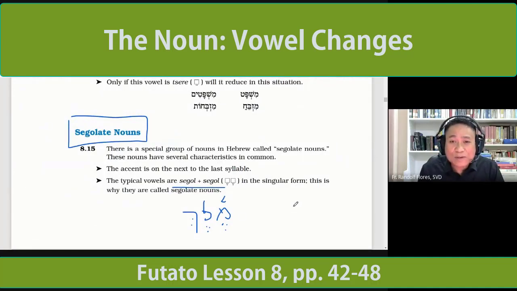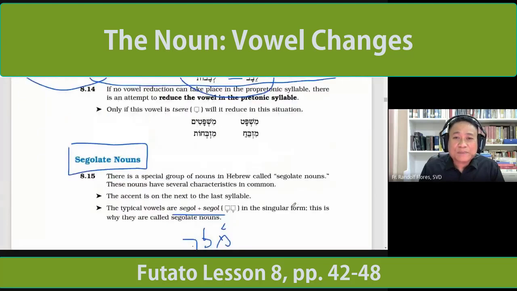That's the common phenomenon there. When you form the plural, usually you add im. You have another syllable. You have two syllables in davar, you add im, so you have now three syllables, and the pronunciation now is that the last syllable is pronounced.